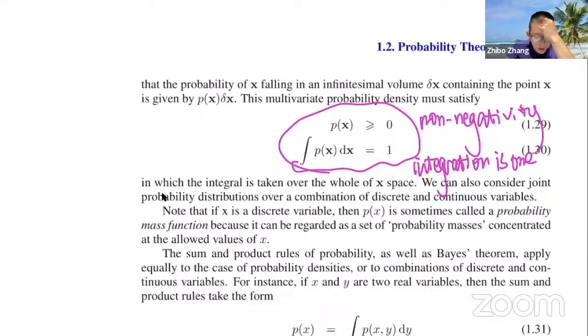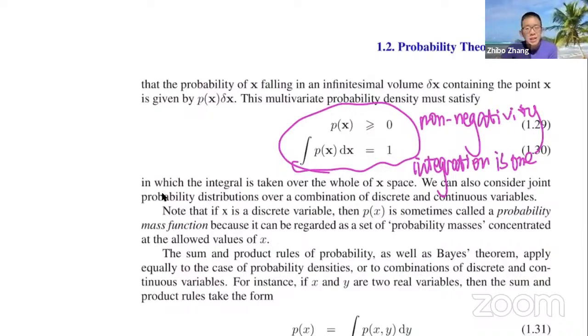Note that if X is a discrete variable, then P(x) is sometimes called a probability mass function, as we talked about. The example we looked at in the previous subsection, choosing between boxes and choosing between fruits in the boxes, is actually a discrete example.